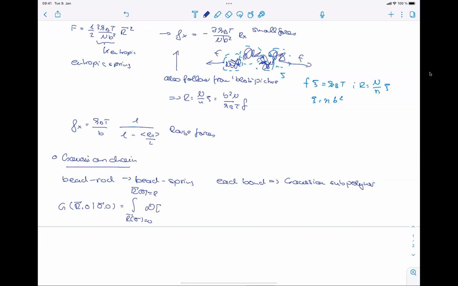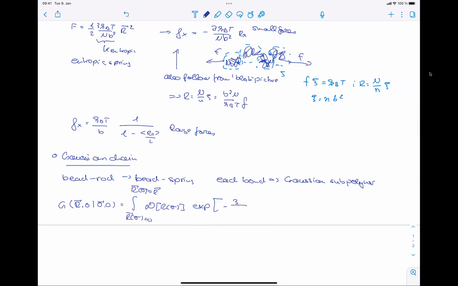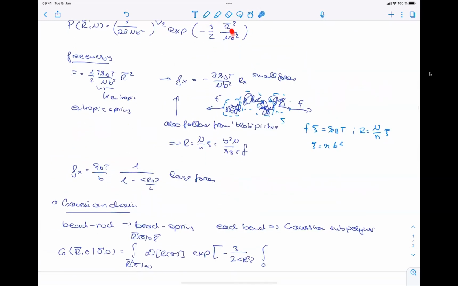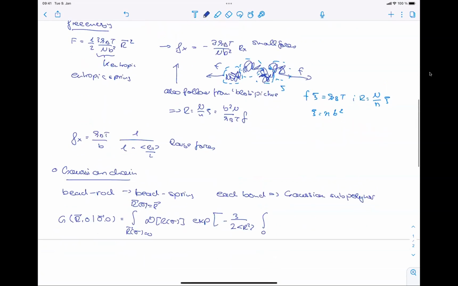We're integrating over all configurations of the path that it may take from the given end vectors, where the Gaussian from the probability distribution propagates down here.